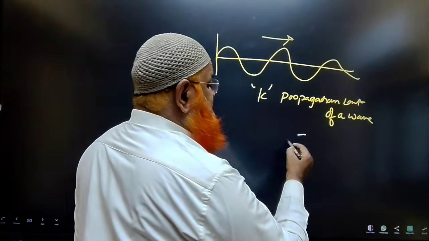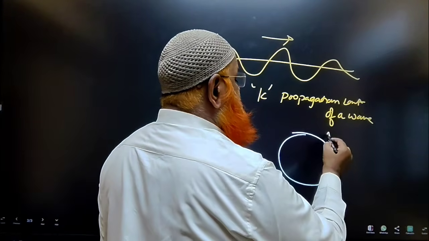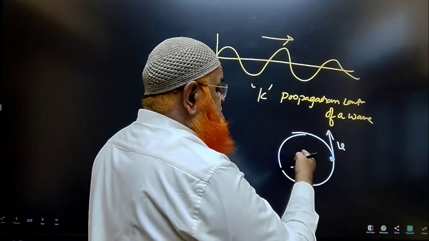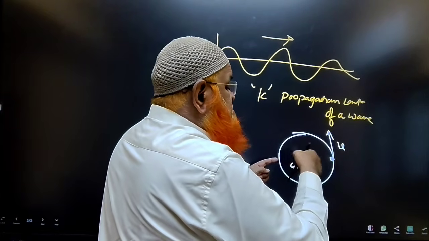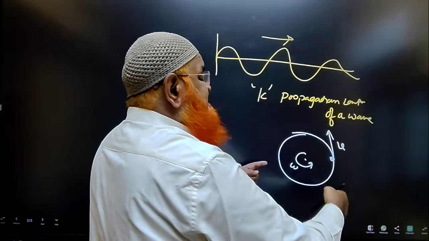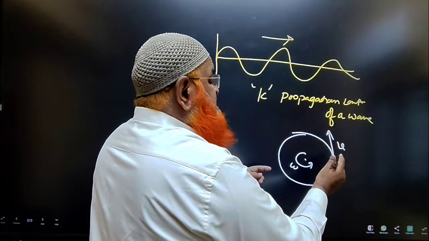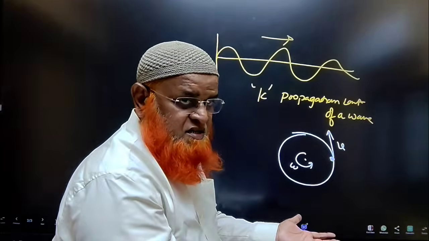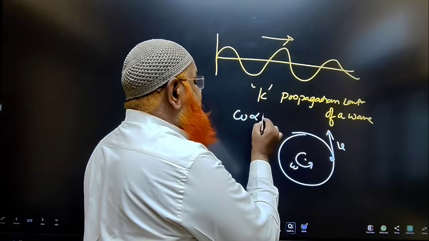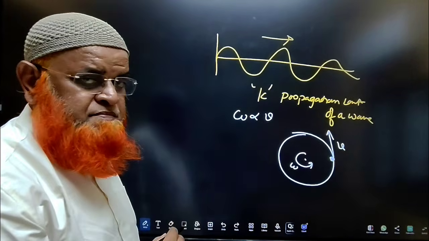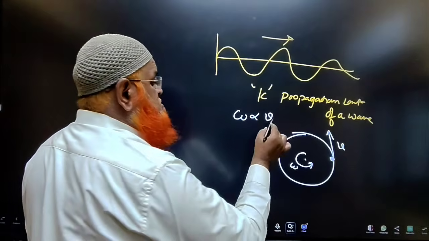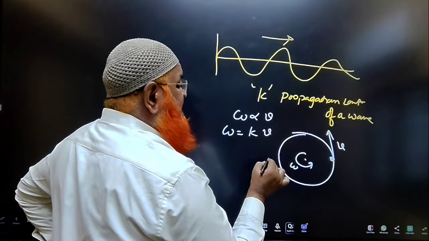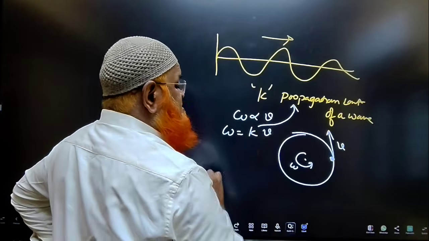Consider a body going in a circular motion with a constant velocity. This is the center. Angular velocity means rotation. Linear velocity means moving in a straight line. When this moves faster, the angular velocity also rotates faster. So angular velocity is directly proportional to linear velocity. When you remove this proportionality, you will get a constant k, and this k is nothing but the propagation constant.